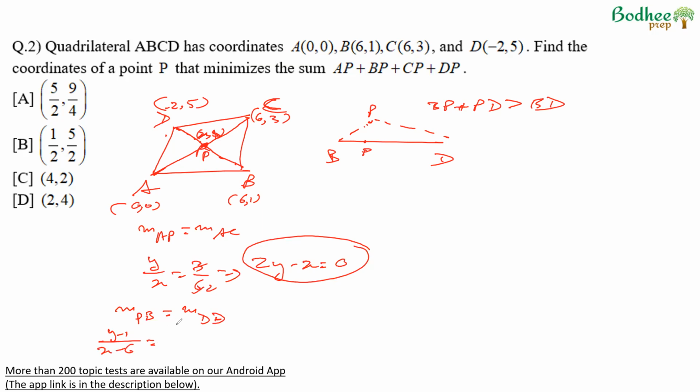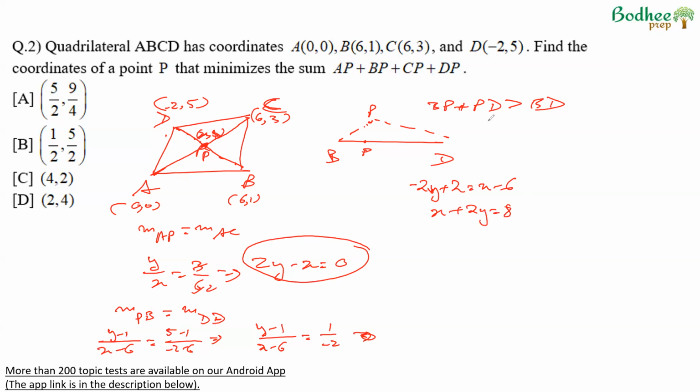This is equal to 5 minus 1 upon minus 2 minus 6, which implies y minus 1 upon x minus 6 is equal to 4 by minus 8, or 1 by minus 2, which means minus 2y plus 2 is equal to x minus 6. So x plus 2y is equal to 8.